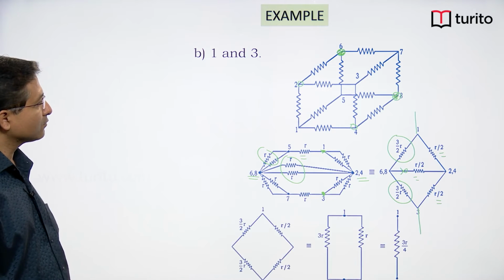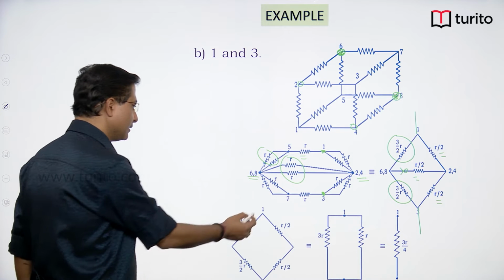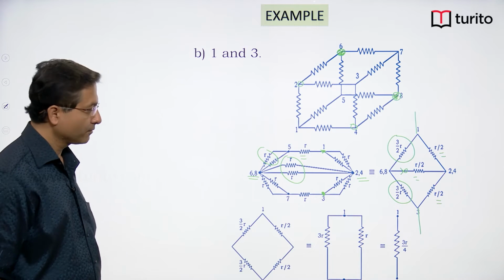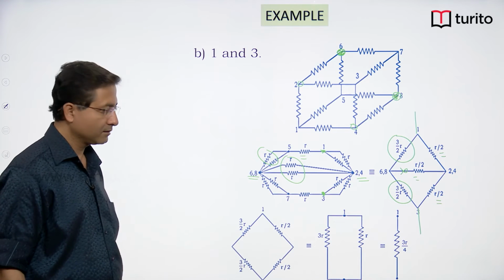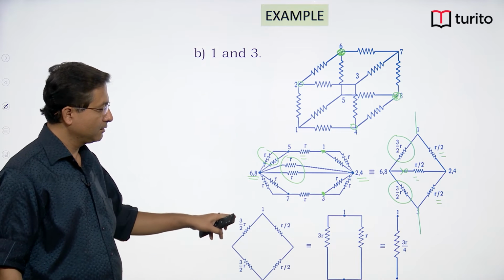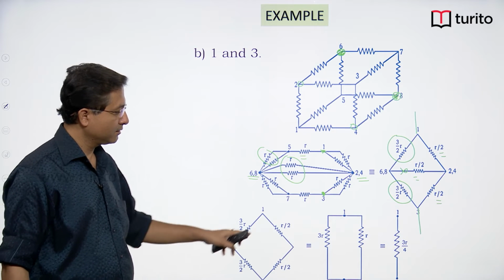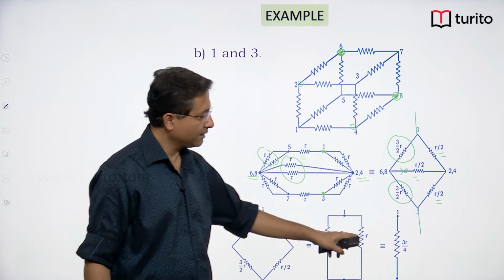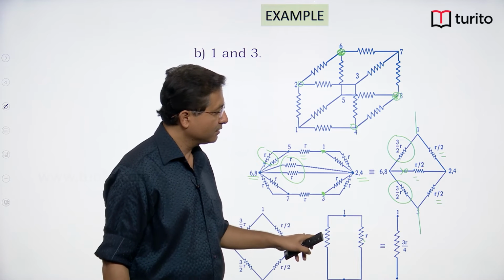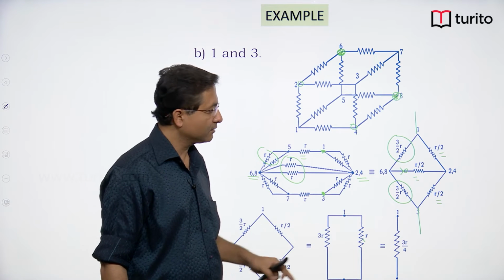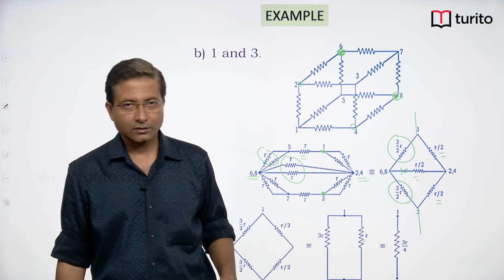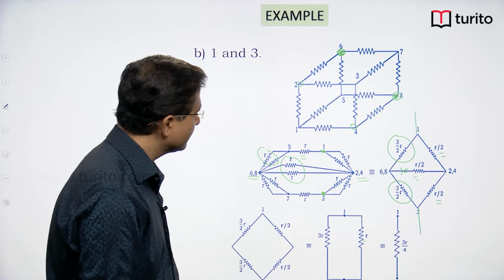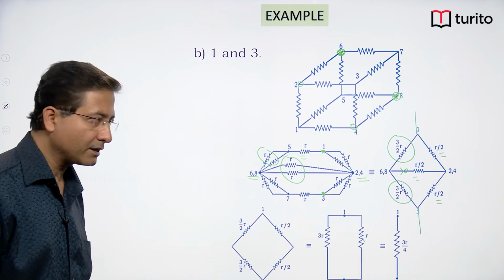If I remove this one, then I will get this structure. After removing the middle one, 3R and R, 3R and R, parallel combination, 3R into R upon 3R plus R, 3R by 4. So this will have resistance 3R by 4, okay.